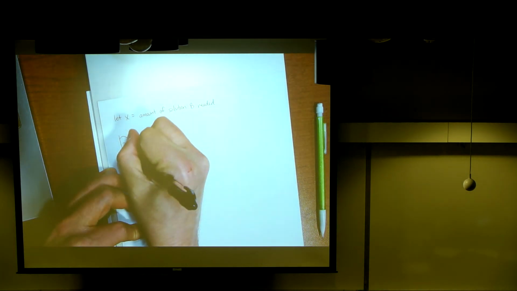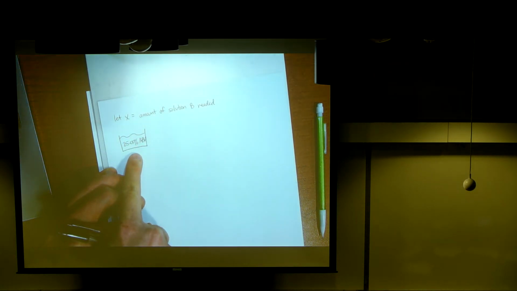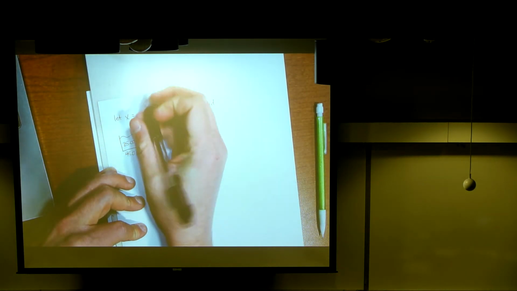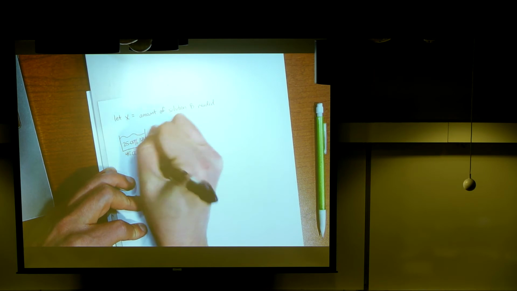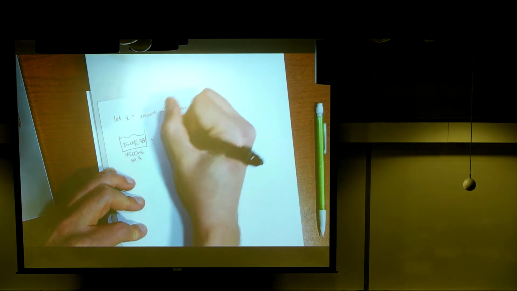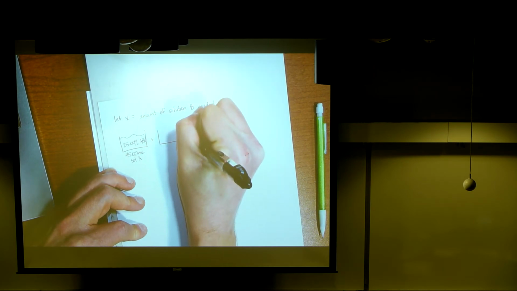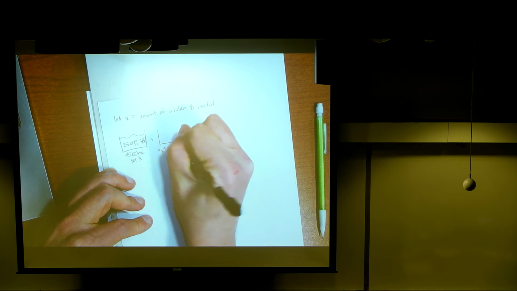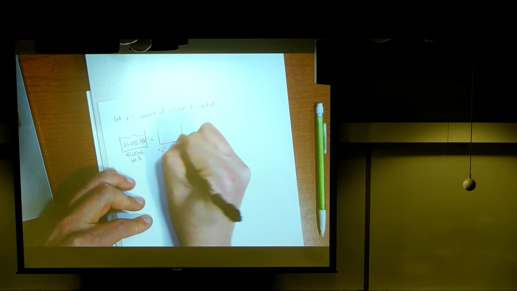And how much of that do we start with? 45 milliliters. So I'm just going to put that we have 45 milliliters of that. But then I'm going to add to that some unknown amount of solution B. So let me just say that I'll have X milliliters of solution B that I'm adding to that, okay?